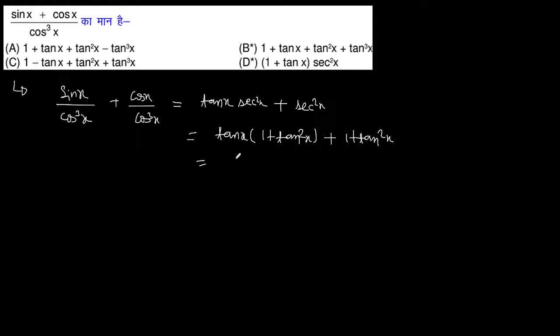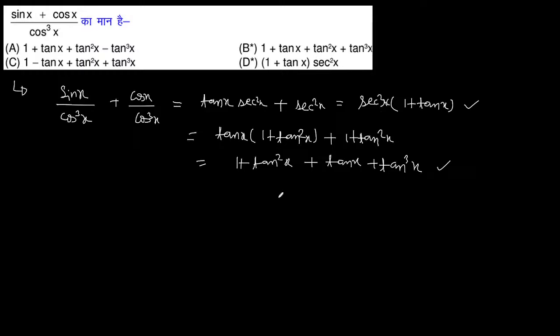It is nothing but 1 plus tan square x plus tan x plus tan cube x. If you see one of the options, sec square x into (1 plus tan x), can we say it sec square x (1 plus tan x)? This is also correct and this is also correct. B and D.